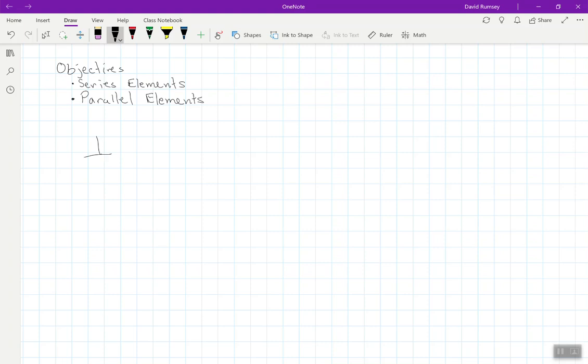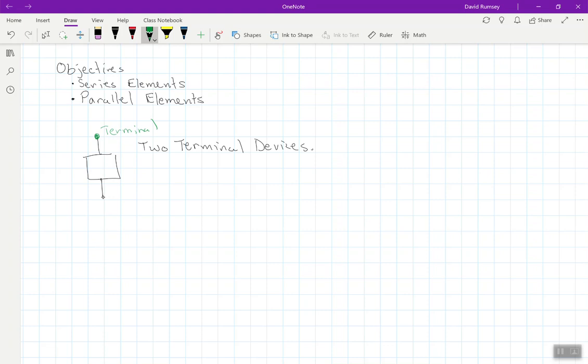The devices we've looked at so far are what we would refer to as two-terminal devices. When we say two-terminal devices, the idea is that we have a terminal here, we call this terminal 1.